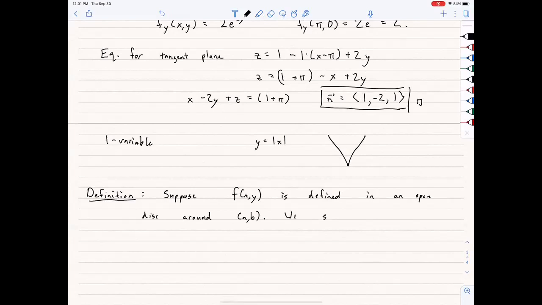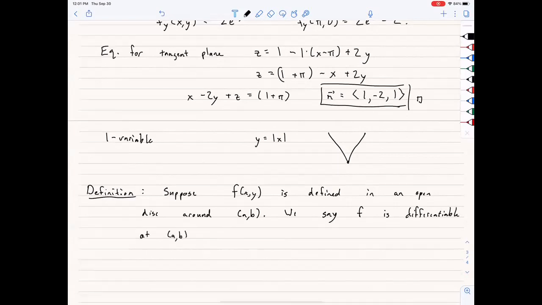We'll say f is differentiable at (a, b) if its partial derivatives are defined there. So f_x(a, b) and f_y(a, b) are both defined. In other words, they're limits, so you want to say they exist.